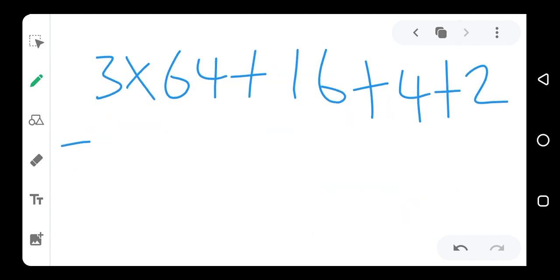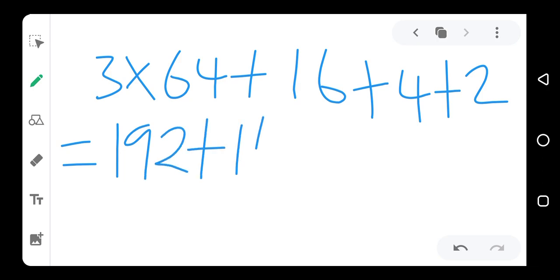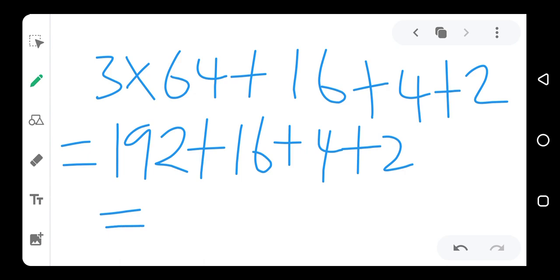So we are going to have 3 times 64 is 192, plus 16, plus 4, plus 2, and what will this whole thing give us?